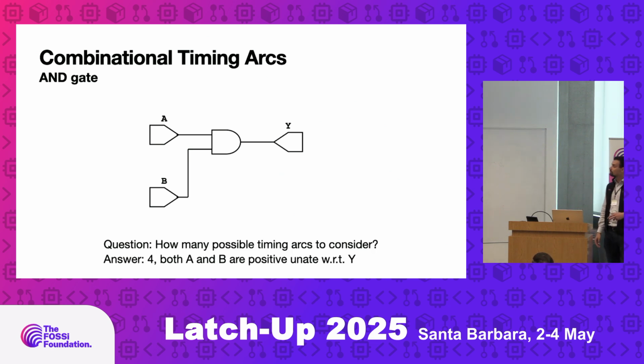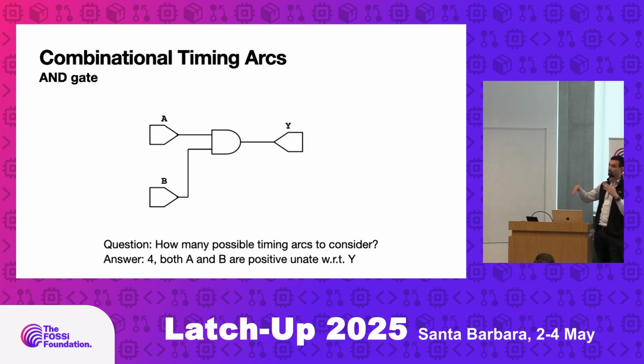The way you think about it is pairs of transitions between the inputs and the output ports. In this case, there are 4 because both A and B are positive unate with respect to Y, which means that for an AND gate, whenever you have a rising signal on A, it can potentially produce a rising Y. It can cause Y to rise, but it cannot cause Y to fall.